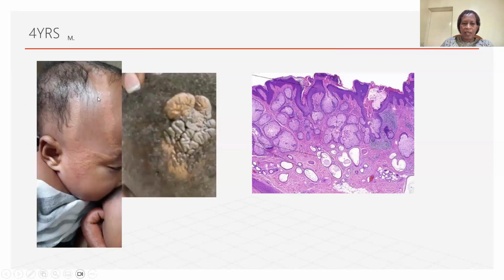And next is a 4-year-old patient who presented a yellowish plaque, tumor-like lesion on the scalp. The same pattern in a different patient who came 1 week after birth with this yellowish plaque on the scalp.